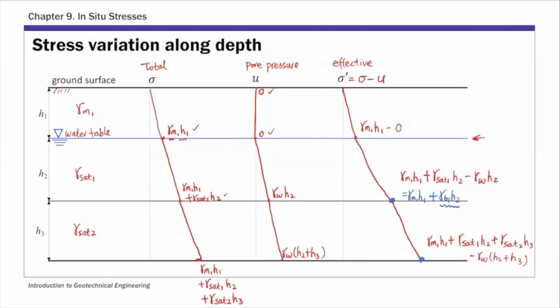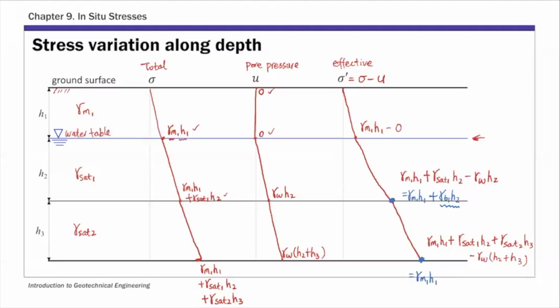And then same for this last point here, the point at the bottom. You can again use the buoyant unit weight to calculate the effective stress. So this is gamma M1 H1, that's the first layer, the moist soil layer.